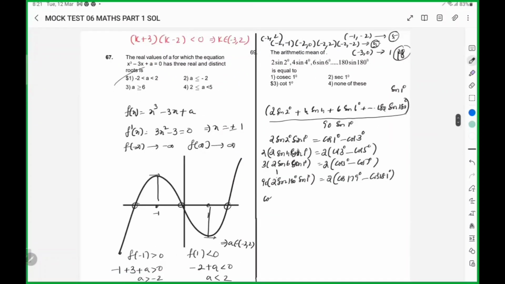Adding all this, minus 2 cos 3 plus cos 5 plus cos 179, that cos 5 plus 2 cos 5 plus cos 7 like that, minus 2 cos 181.